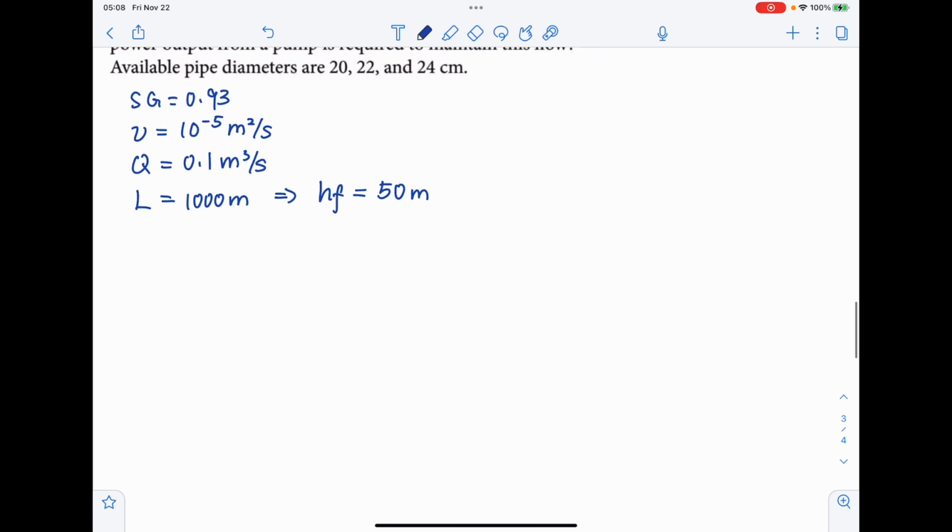So the first thing we're going to do is assume a friction factor. We usually start with a common friction factor, which is 0.015.